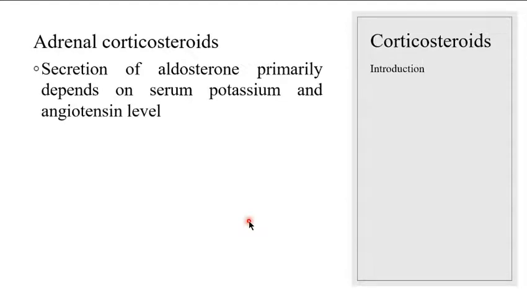But what about mineralocorticoid then? The mineralocorticoid, which is aldosterone, is associated with CRH and ACTH, but basically its secretion is determined by the renin-angiotensin aldosterone system. So the level of potassium in the serum as well as the level of angiotensin in the serum determines the secretion or the level of aldosterone in the human body.